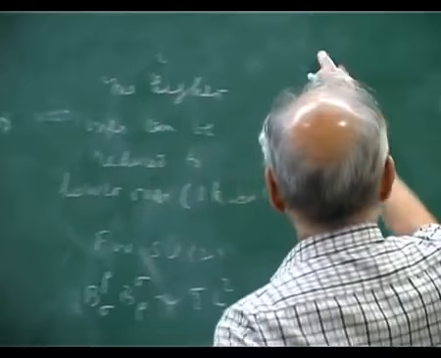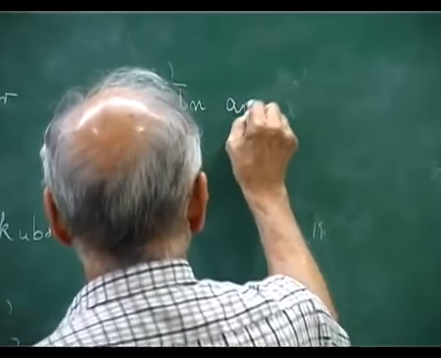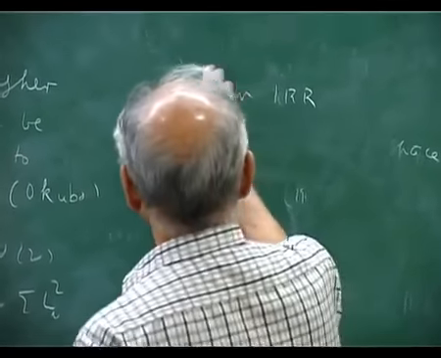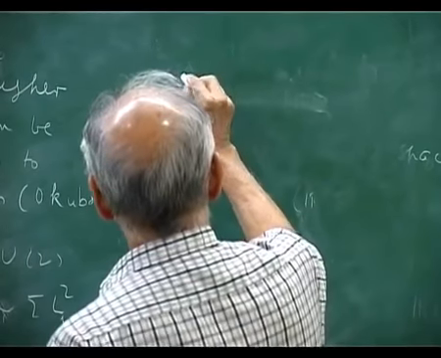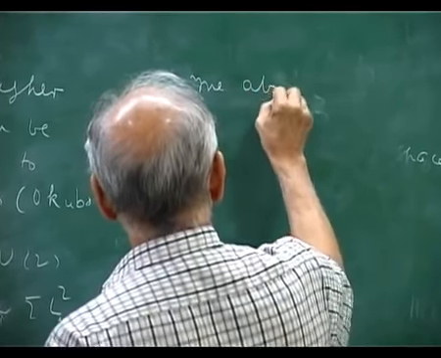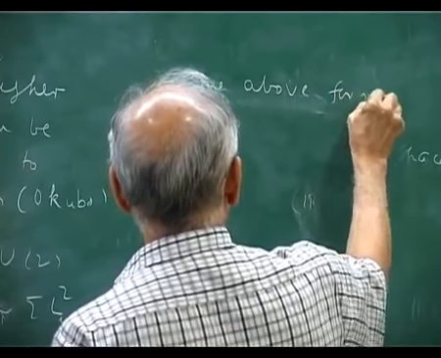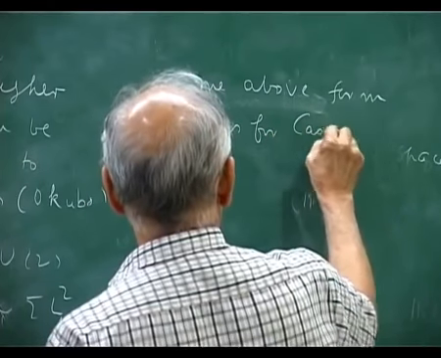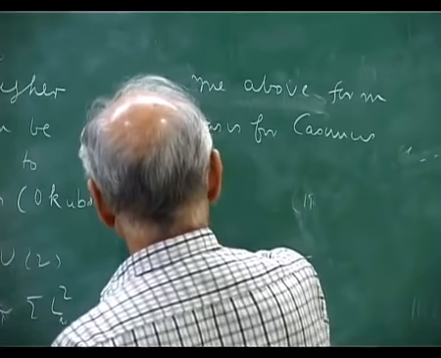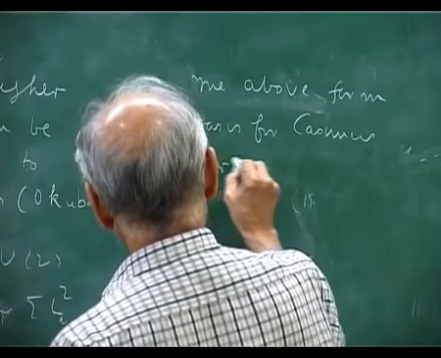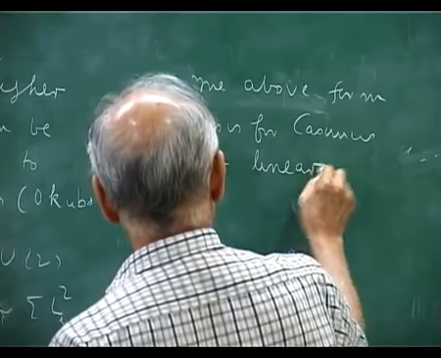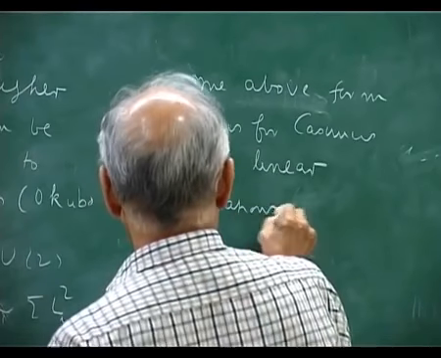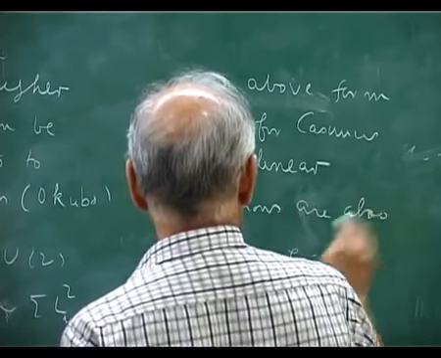In an IRR, by the way, note, the above form only a basis, as their linear combinations are also Casimirs.